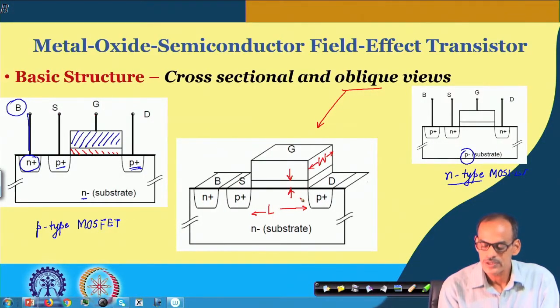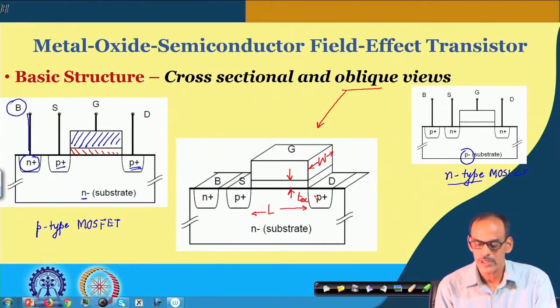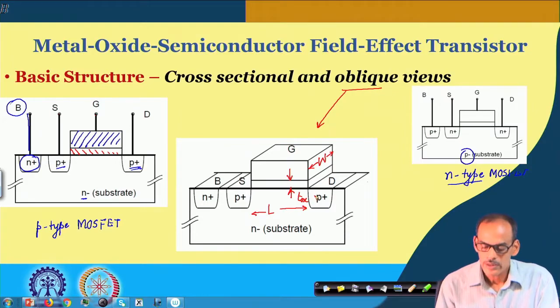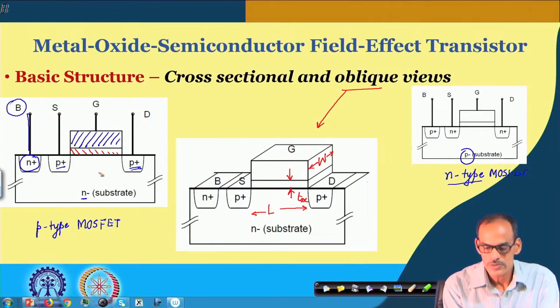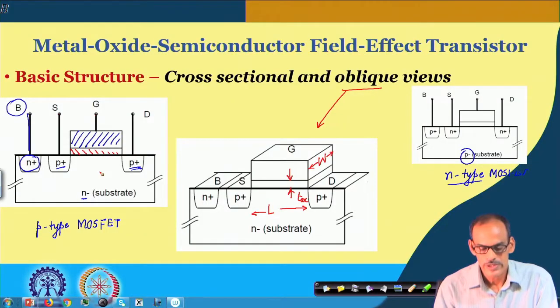This is the oxide thickness T ox, which is also a critical parameter, and this portion is of course the substrate. Of course, this is a more idealistic cross sectional view.